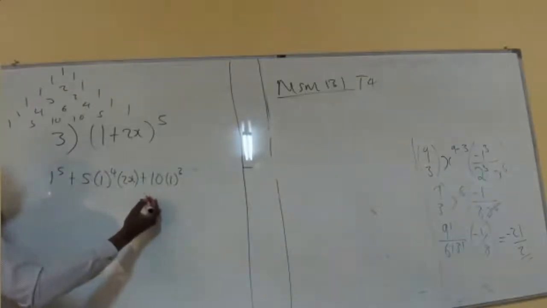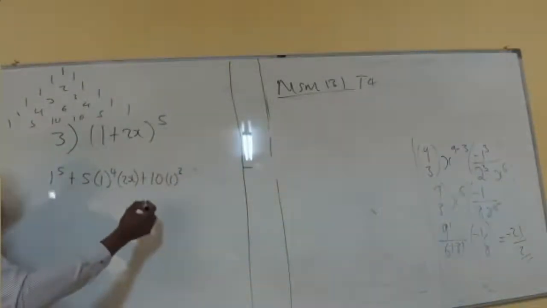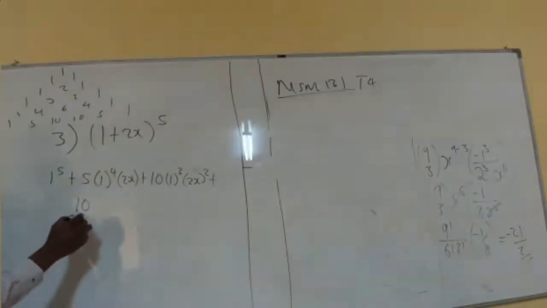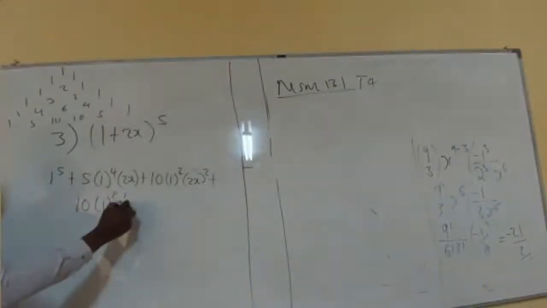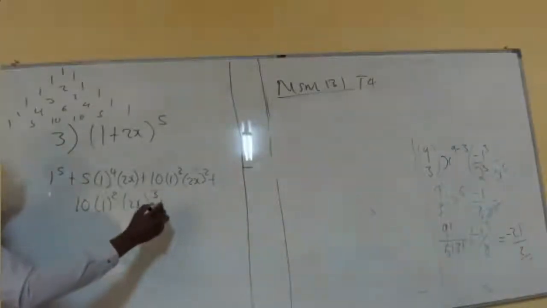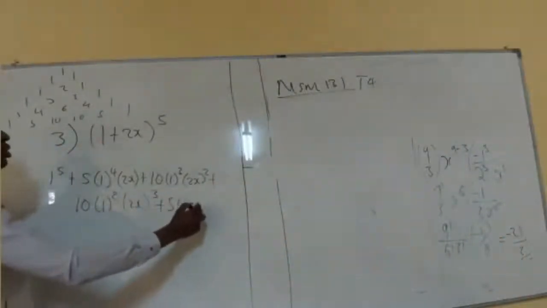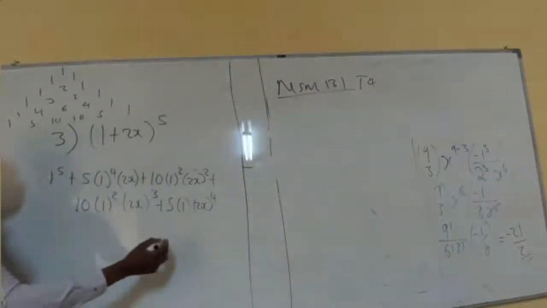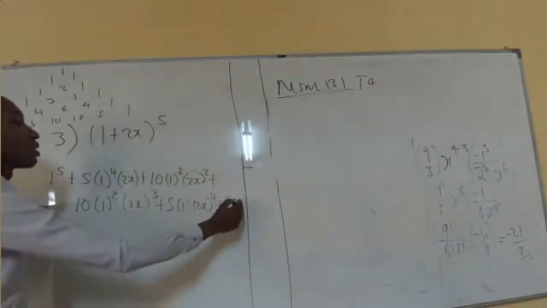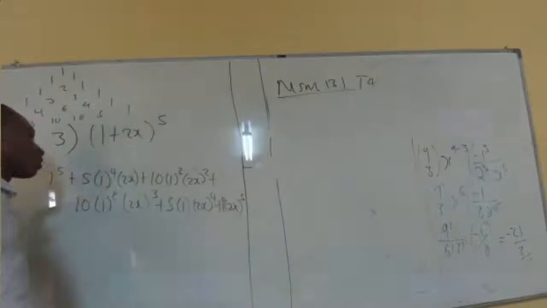The power of 1 is reducing as the power of x is increasing, so in ascending powers of x, 2x to the power 2, plus 10 again, then we have 1 to the power 2, then 2x to the power 3, then plus 5, then 1, then 2x to the power 4, then lastly we have 1 to the power 0, then 2x to the power 5. So that's basically what you have as your expansion.